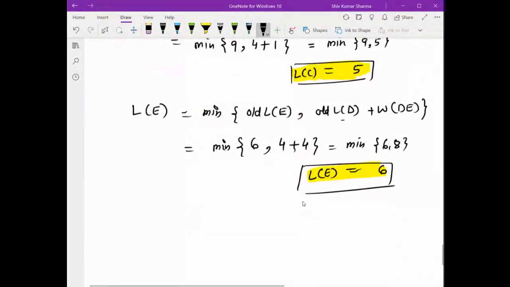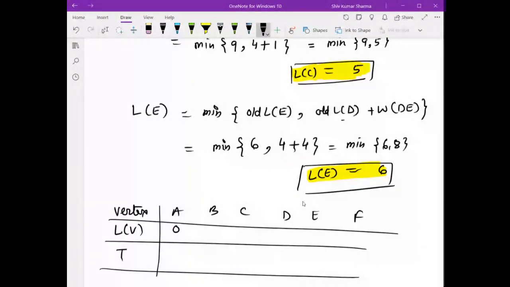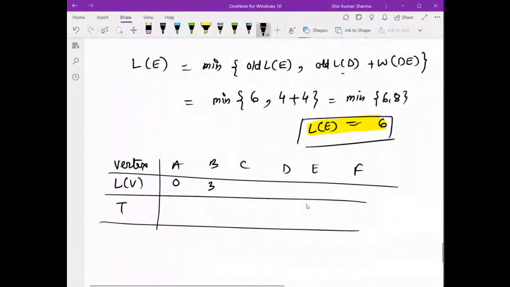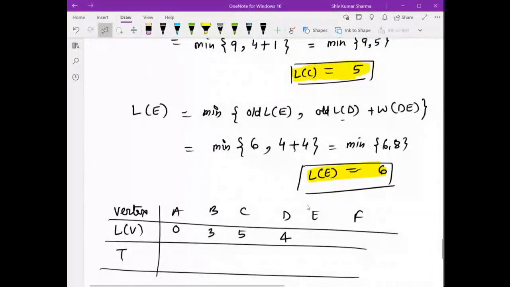We construct the new table with vertex, level of vertex, and the T set. So we write A, B, C, D, E and F. This vertex has level 3, this vertex has level 0, this has 3, and we give the permanent level to D. That means this is 4, and the new level of C is 5.